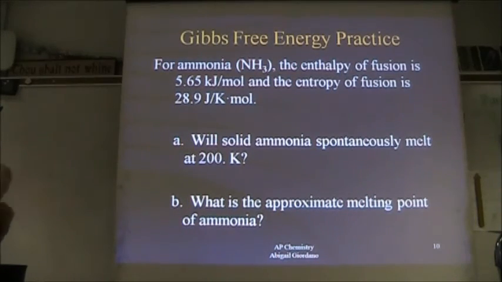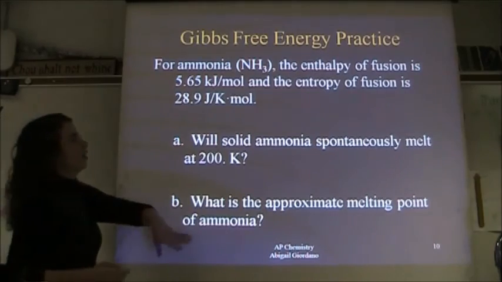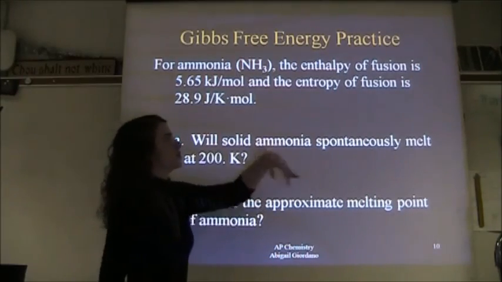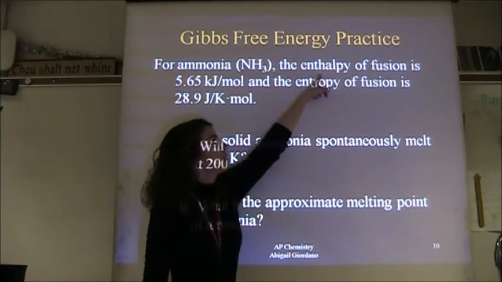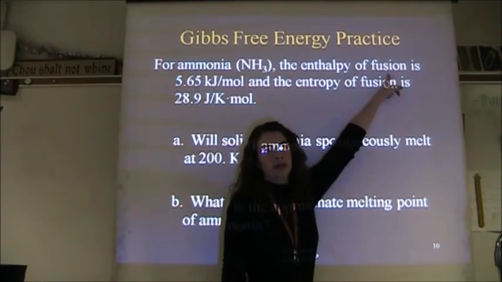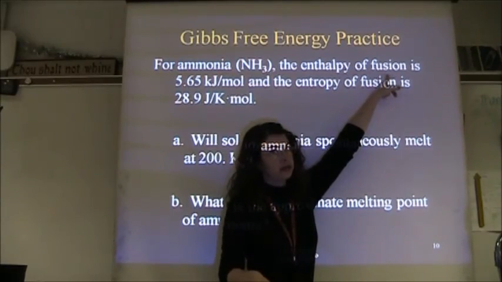So you're going to do this problem, but let's just look at it. It says, for ammonia, the enthalpy of fusion, stop there. Which variable is that? Enthalpy. Delta H. What does fusion mean in chemistry?